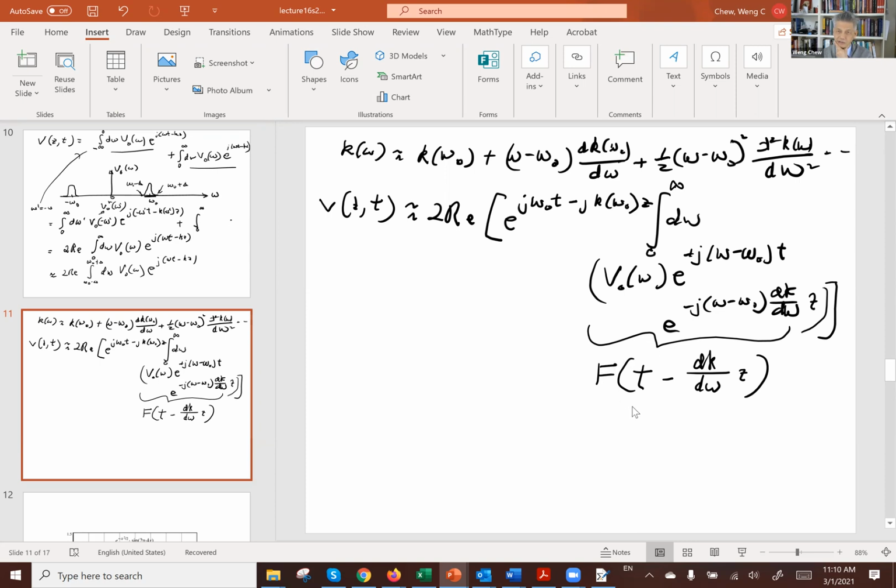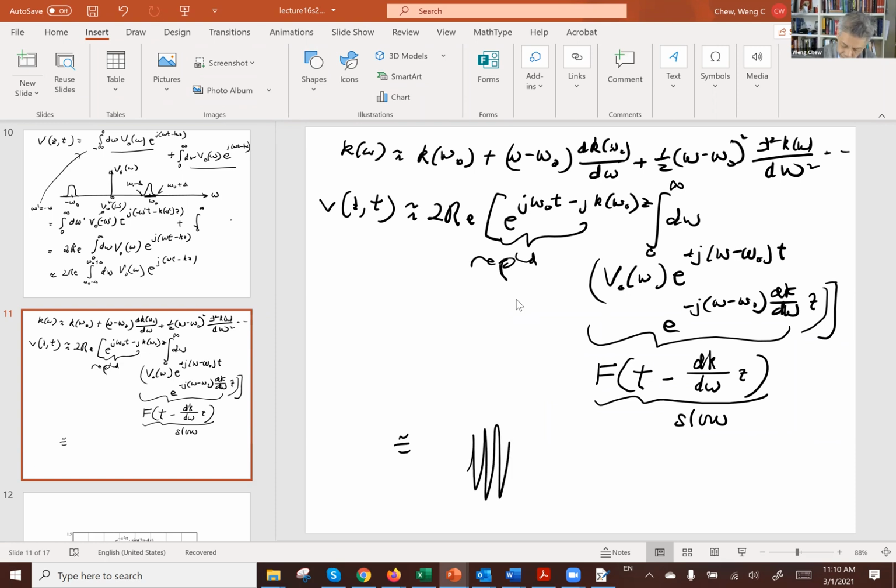But this thing outside remains rapidly varying. So what you have here is that this is slow, this is rapid. And if you take this slow function, multiply by the rapid function, and then take the real part, then you would have this looking like this.